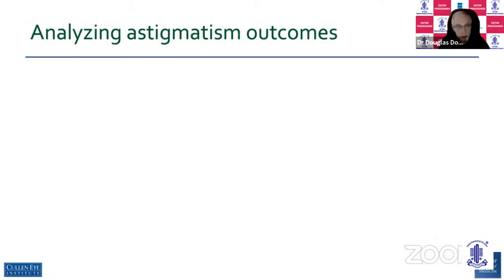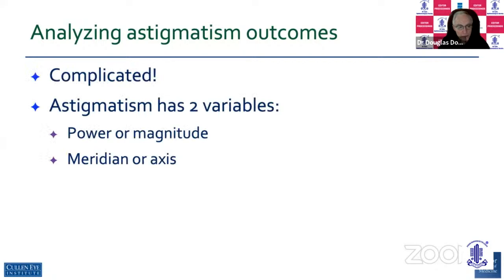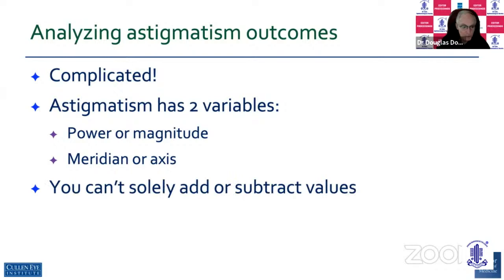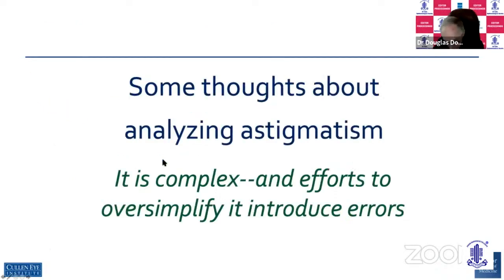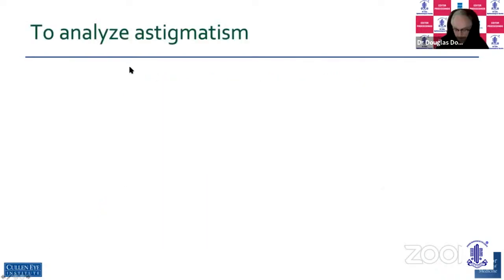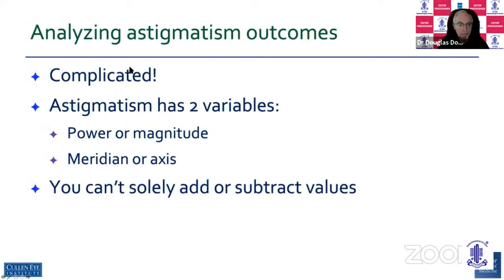So I want to close by talking a little bit about how we analyze astigmatism outcomes. Astigmatism is complicated. Astigmatism has 2 variables, power or magnitude, and angle.